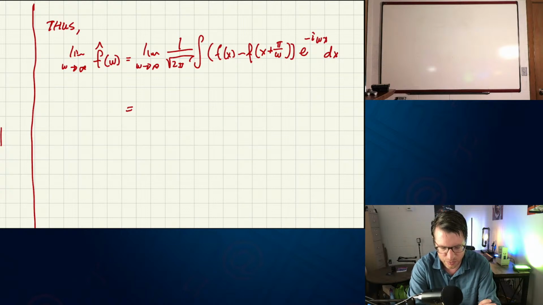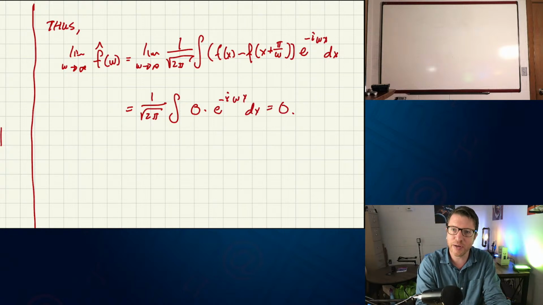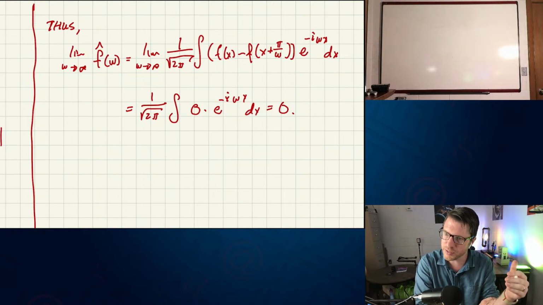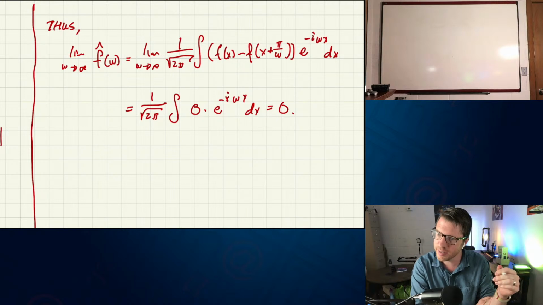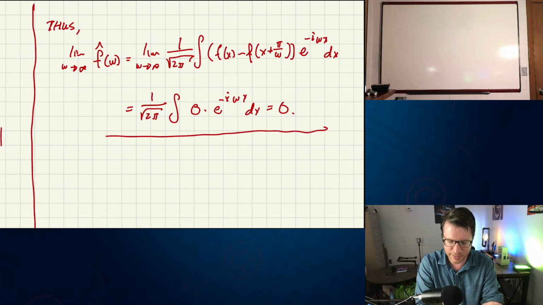And this is equal to 1 over 2 pi times the integral of 0 times e to the minus i omega x dx, or just the 0 function. Okay, so there we go. So we've proved this for continuous and compactly supported functions, and then what we want to do is take it up to the next step.